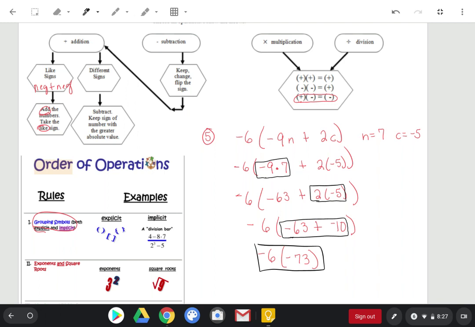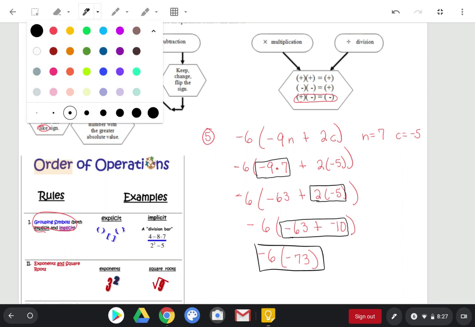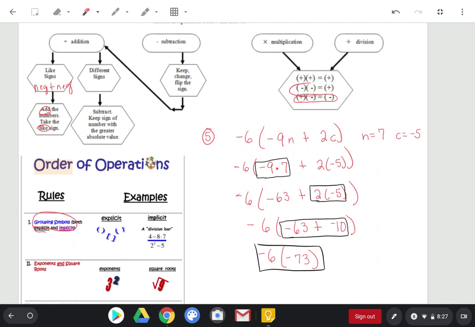So remember, we have a negative times a negative gives us a positive. So our answer is going to be positive. We just have to figure out what 6 times 73 is. So let's do that off to the side.